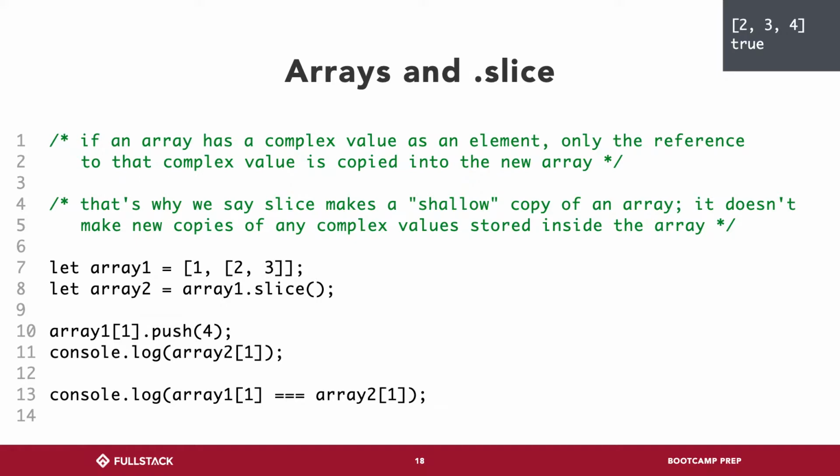So if you did array 1 bracket 1 triple equals array 2 bracket 1, you get true, right? Yeah, that's what's going on right here. Even without the push, that would happen. It's just showing you push to show you that array 2 at 1 is still updated, is being used.